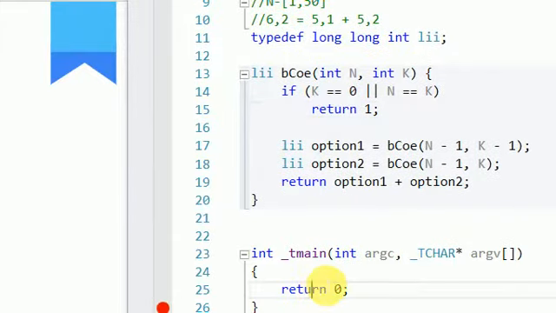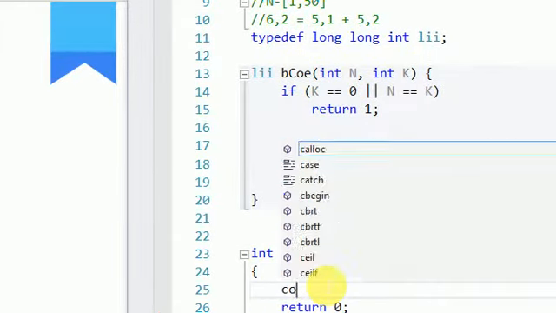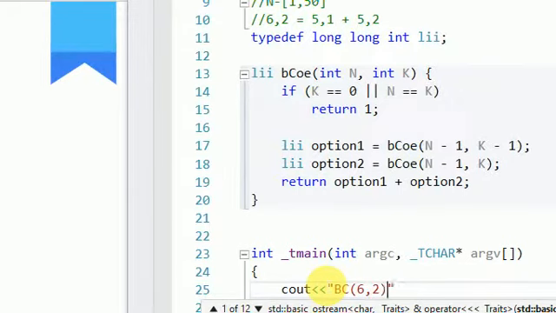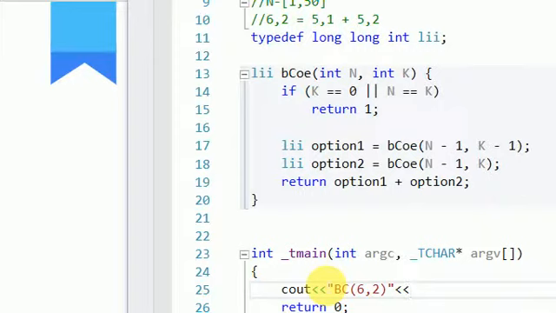Now cout, I am pretty much comfortable with C++. Cout is nothing but just like printf, you just add two arrows and write whatever you want. Binomial coefficient of 6 comma 2, and arrows, it will again print.